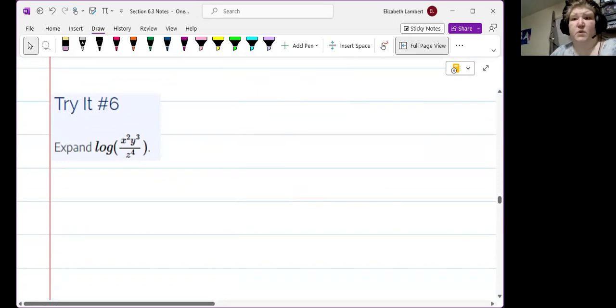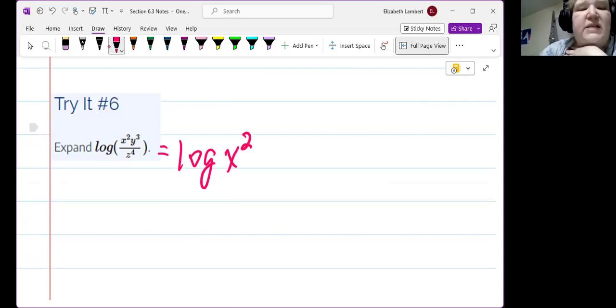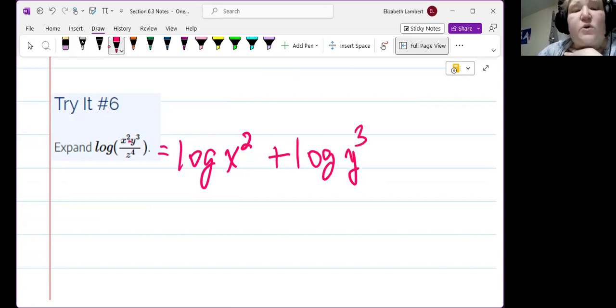All righty, so this one powers abound. So let's start with, I've got stuff on top. So we'll have the log of x squared, and that's times, so I'm going to split this now, plus the log of y cubed.